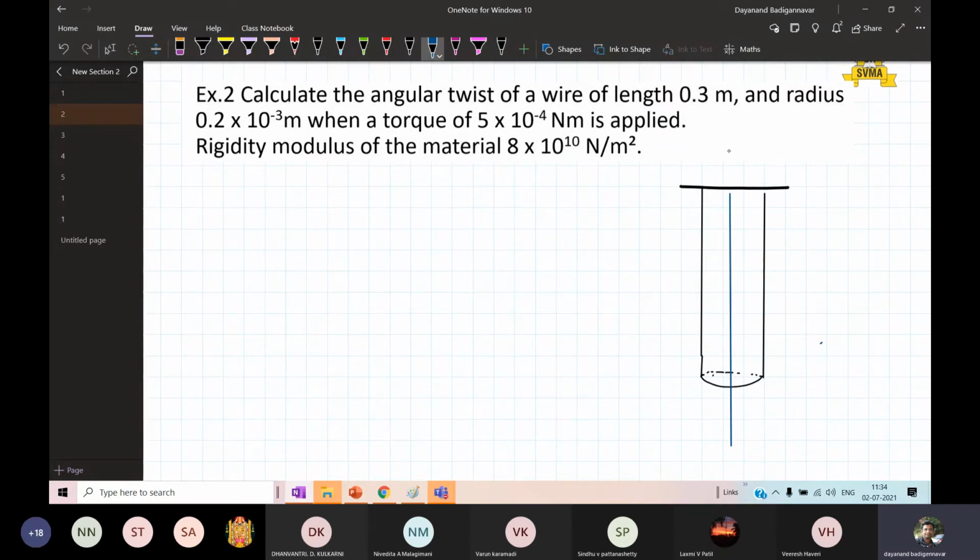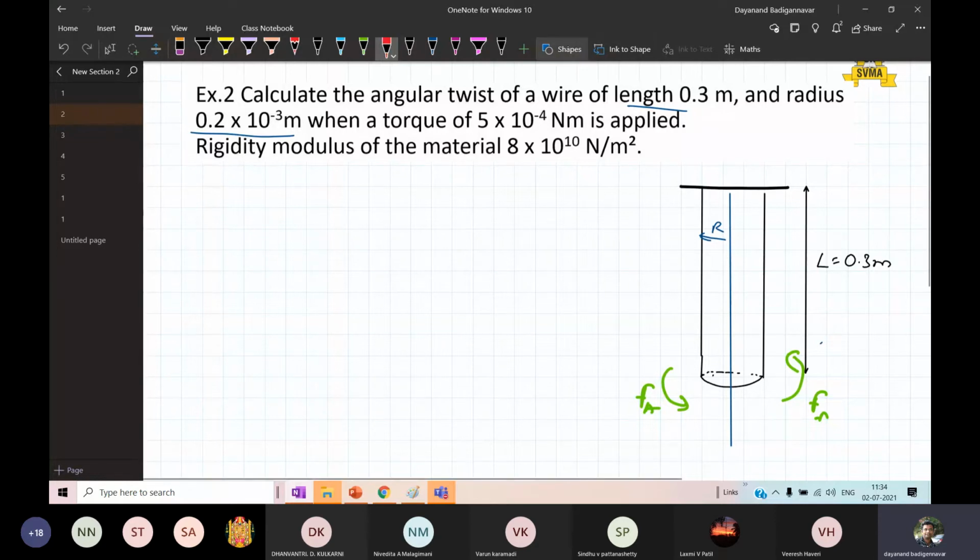Now it is twisted. The length is 0.3 meters. What is the radius? Radius is also given. This is the radius r, 0.2 into 10 to the power of minus 3 meters. When a torque is applied, they have applied a force and created a torque. So this is the torque that you have applied. Therefore, there is a torque produced. Calculate the angular twist. How much is the twist that has happened, that you have to calculate?